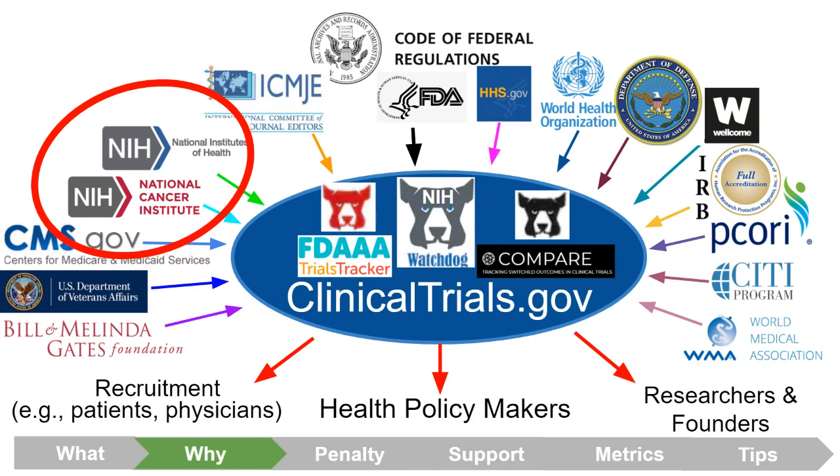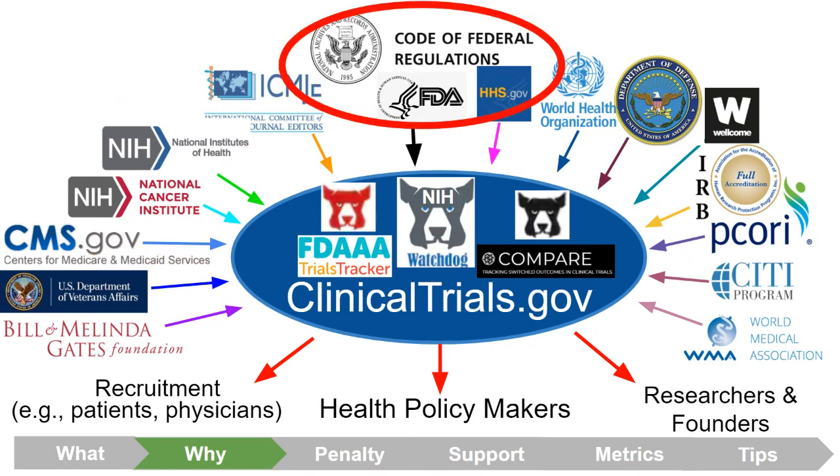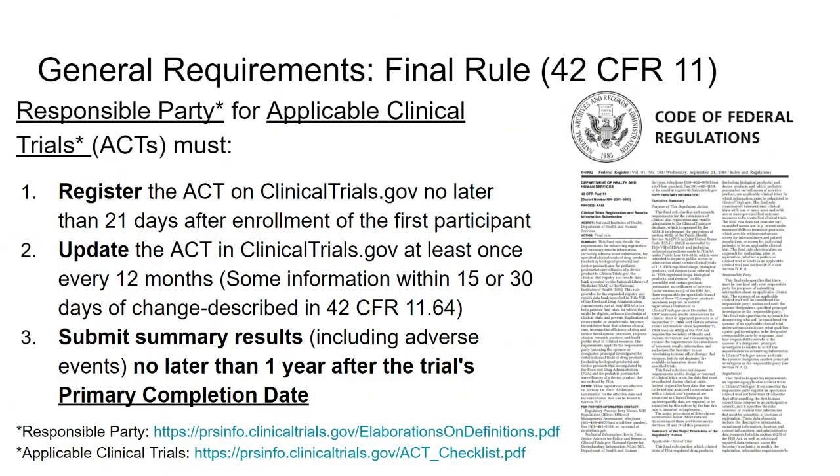And the NIH dissemination policy requires all NIH-funded clinical trials to be registered and results reported. And most importantly, federal law, the FDA Amendment Act 801 and the final rule, requires that FDA-regulated applicable clinical trials be registered and results reported. The general requirements under the final rule are that responsible parties, typically the PI, for applicable clinical trials must register on clinicaltrials.gov no later than 21 days after enrollment of the first participant.